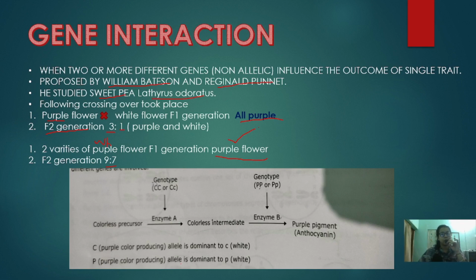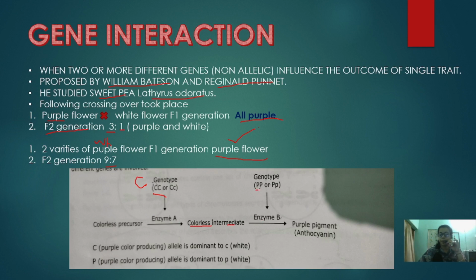Let's see. For the genotype capital C, enzyme A is responsible. For the colorless precursor, when enzyme A acts, a colorless intermediate is formed.